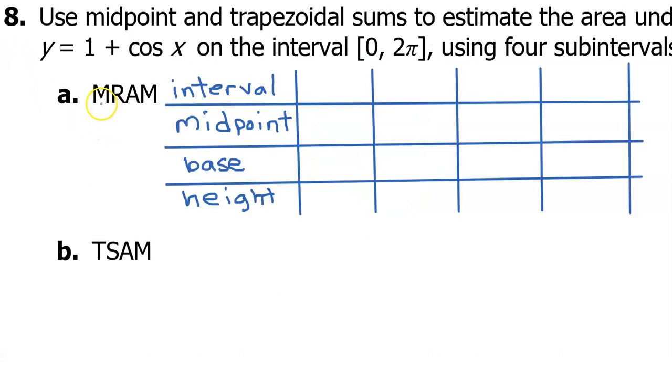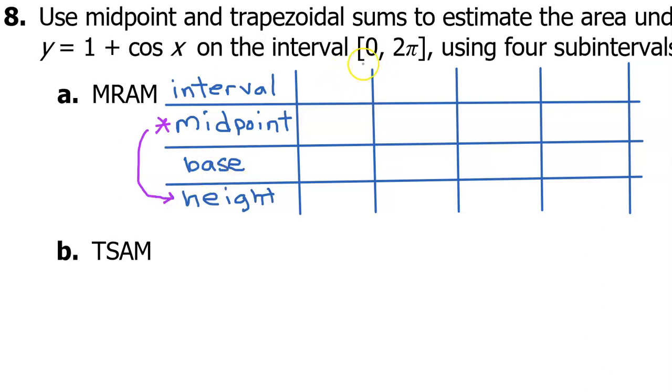Let's start with the midpoint rectangle approximation method. So that's why we have this extra row in here for the midpoint, because that's the x value we will use to calculate the height of each rectangle.